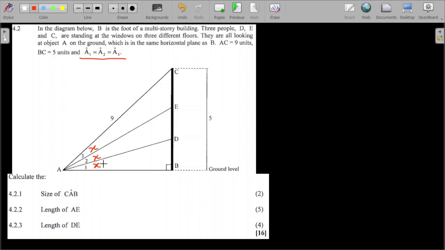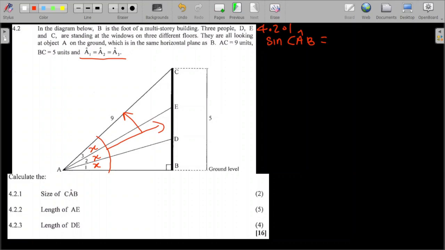First, they're asking us to find the angle CAB. CAB is this one big angle that they're asking us to find. How do you find that angle? First, we understand that we need to use our trig ratios. With the information that we have, we have the opposite over the hypotenuse, which is this big triangle. So in 4.2.1, opposite over hypotenuse is sine of CAB.